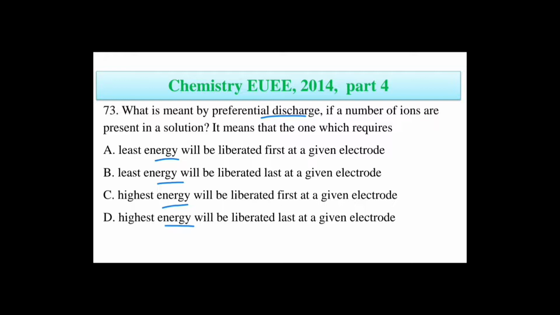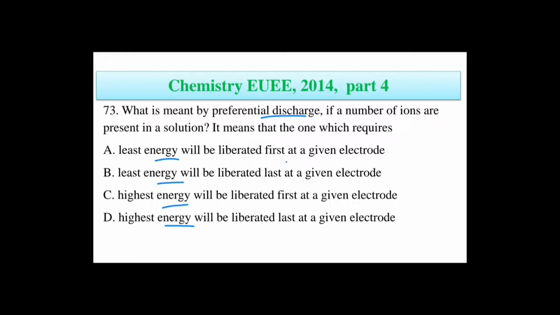Preferential discharge means that when more than one cation and anion are found in an aqueous solution, the electrode selects one type of atom. The electrode selects first the less reactive atoms or ions. Less reactive ions have higher preferential discharge, meaning they are selected first.